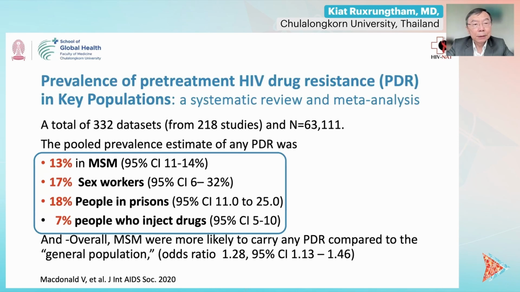The highest prevalence is 17 to 18% in sex workers or people in prison, followed by 13% in MSM and 7% in people who inject drugs.